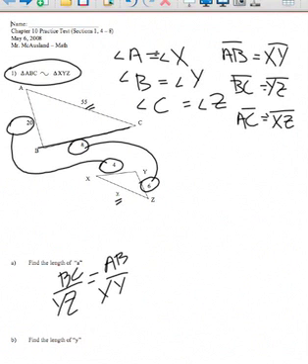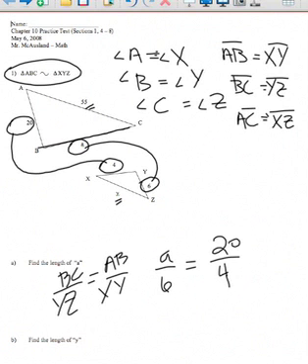And now we want to fill in the information. BC is A, YZ is 6, equals AB, which is 20, and XY is 4.